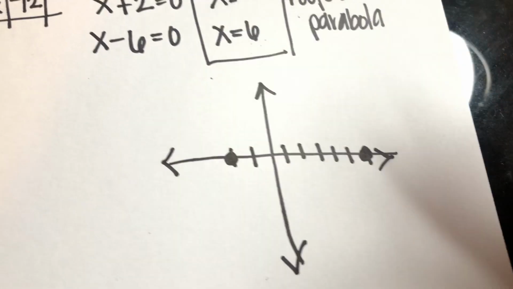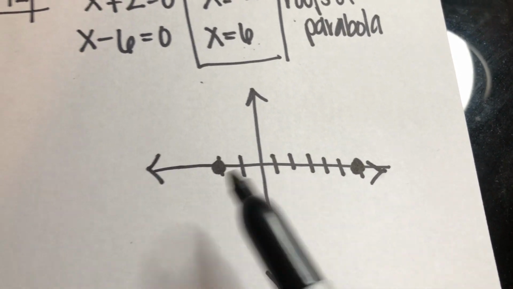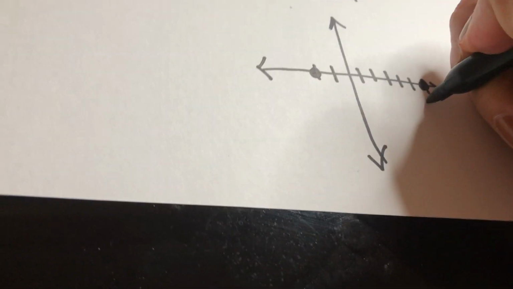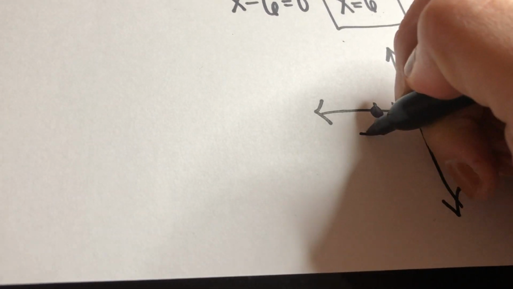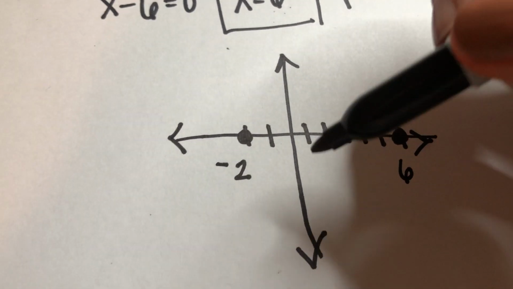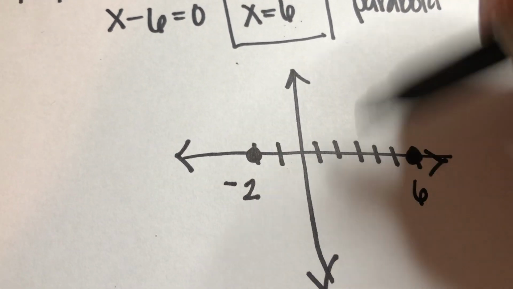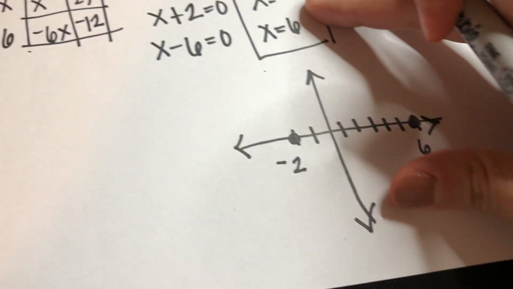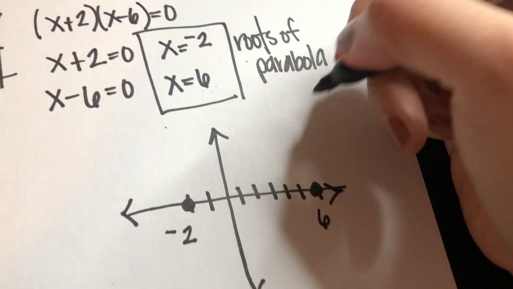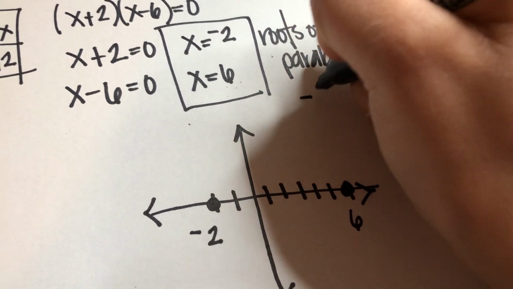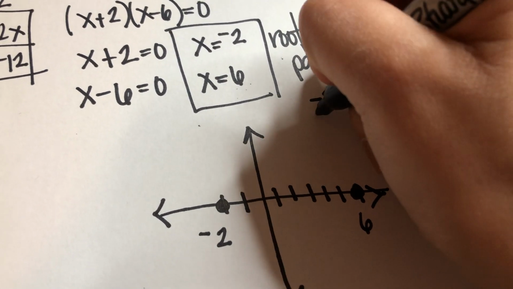So I'm trying to find the middle of these 2 points. So if I know that this is 6, and I know that this is negative 2, I have to find the middle of 6 and negative 2. So that means I have to find the average, or what's exactly between 6 and negative 2. You can probably do that in your head, but just to show you, if I want to find the middle, negative 2 plus 6 divided by 2.